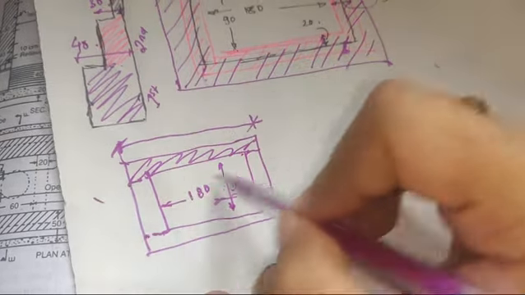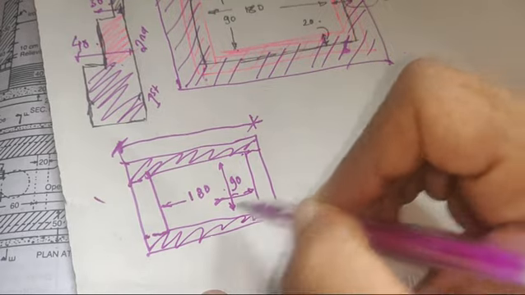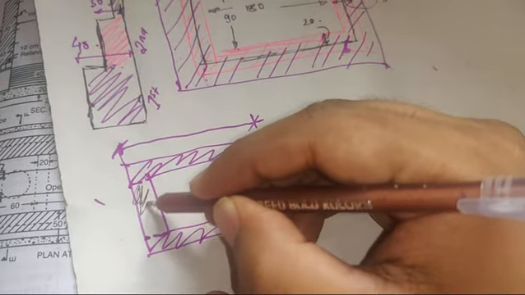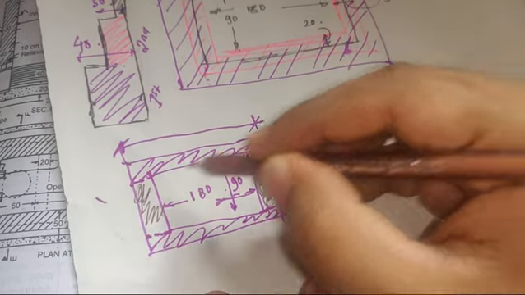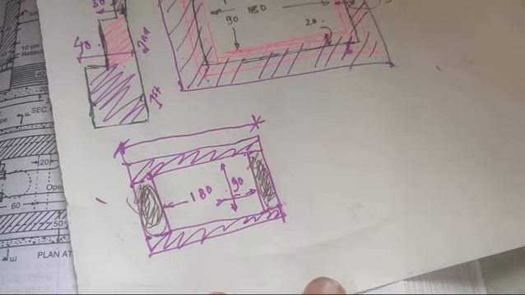If I calculate the quantity of this one wall and multiply by 2, I'll get the quantity of two sides. Then what is remaining? The remaining portion is this, which is nothing but the short wall, right? What is the length of the long wall?